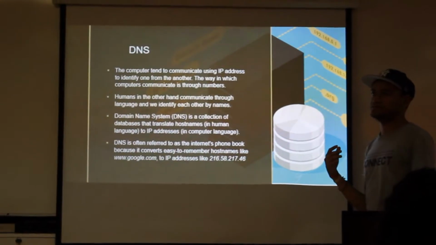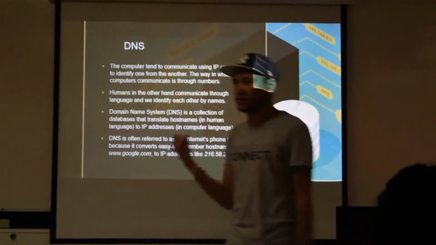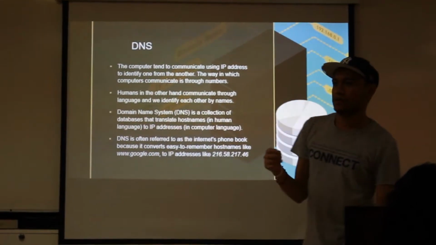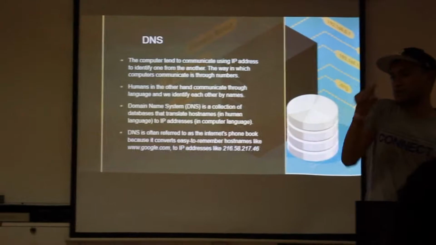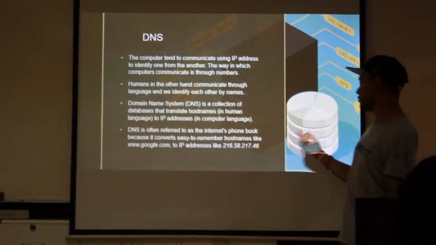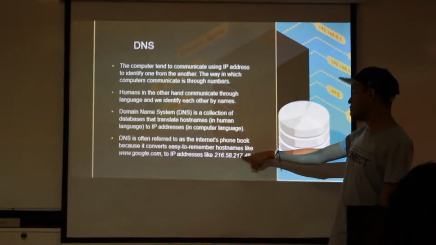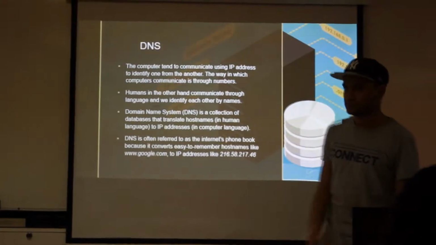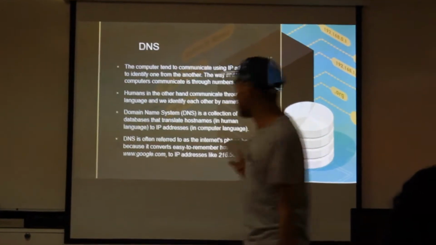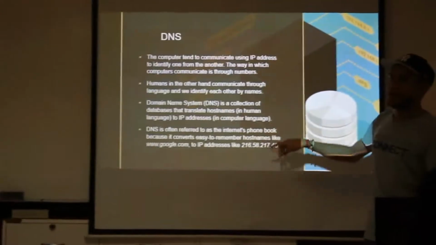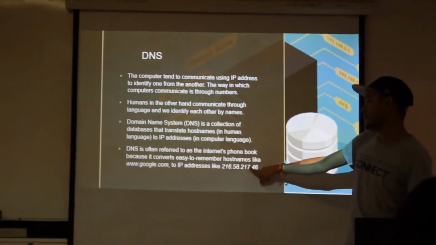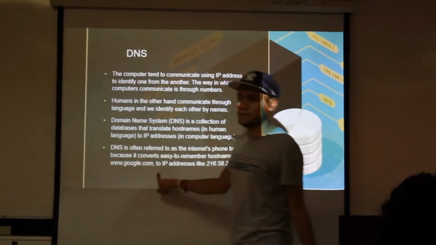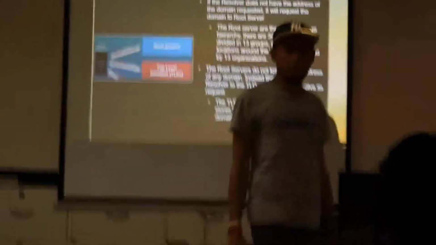A lot of IP addresses can exist for one domain, for example Facebook or Google. It's not only one IP address. That is how you can know the IP address for the URL that you're looking for. And it uses a binary identifier to translate the number to the host. Thanks. Any questions?